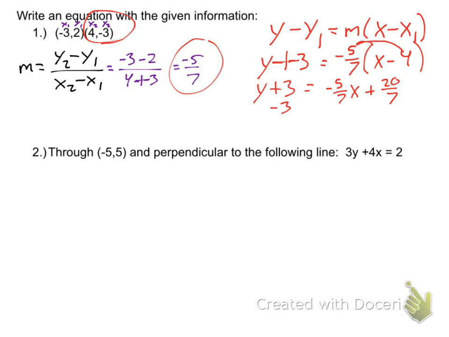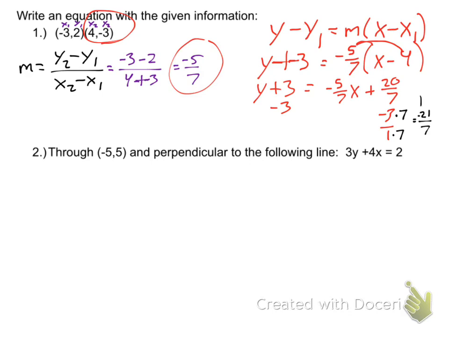Next thing, subtract 3. But when I subtract 3, it's really 3 over 1, which means I have to get a common denominator. The common denominator between negative 3 over 1 and 20 over 7 is what? It's 7. So I multiply the bottom by 7, I have to multiply the top by 7. Negative 3 times 7 is negative 21 over 7.